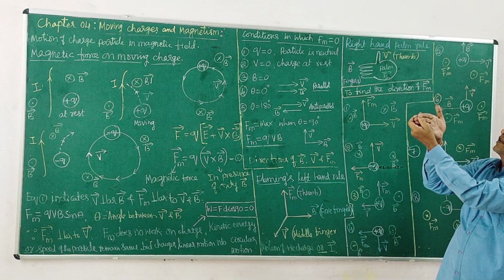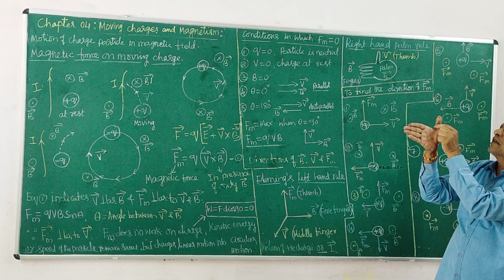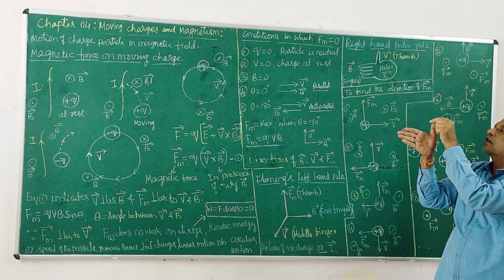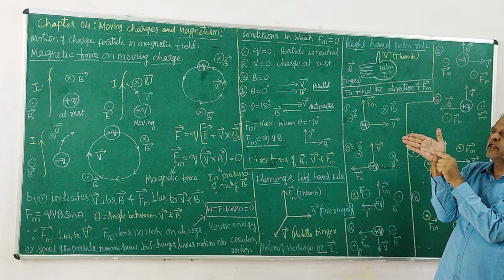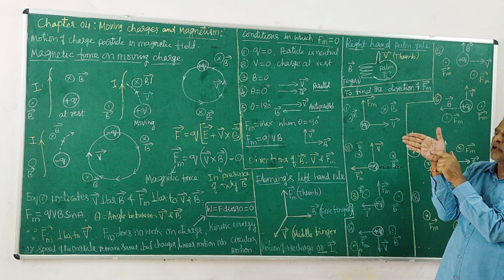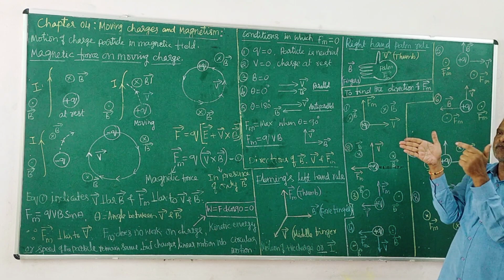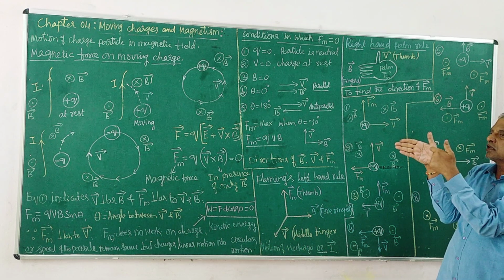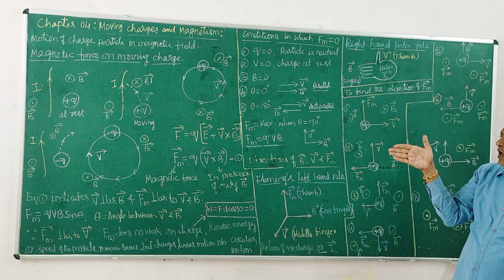These fingers indicate the direction of the magnetic field. This thumb indicates the velocity vector. And what would be the force? It is the direction the palm is facing. It is facing like this.